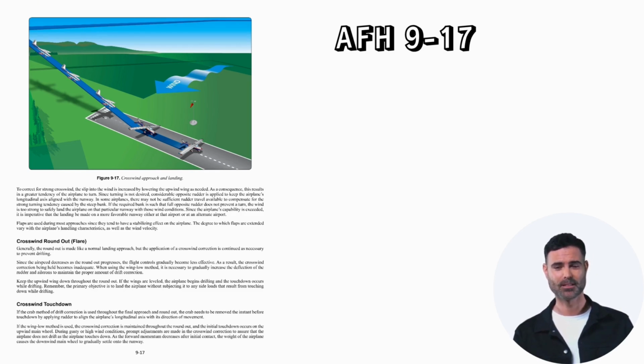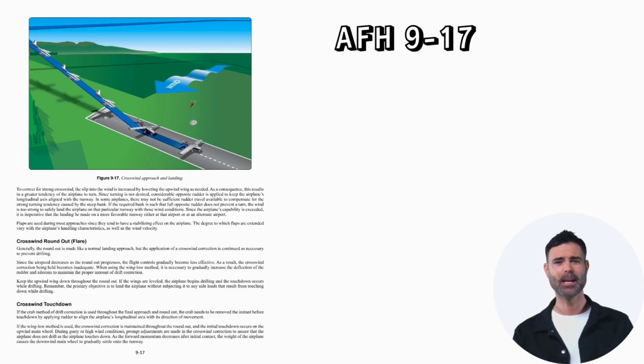As a consequence, this results in a greater tendency of the airplane to turn. Since turning is not desired, considerable opposite rudder is applied to keep the airplane's longitudinal axis aligned with the runway. In some airplanes, there may not be sufficient rudder travel available to compensate for the strong turning tendency caused by the steep bank.